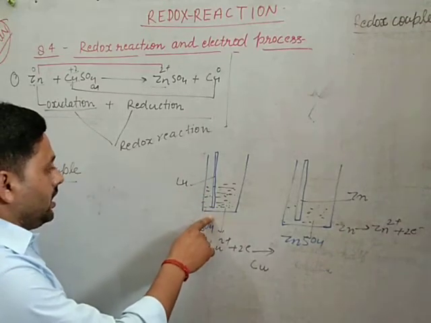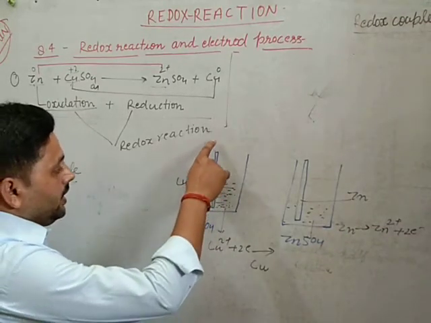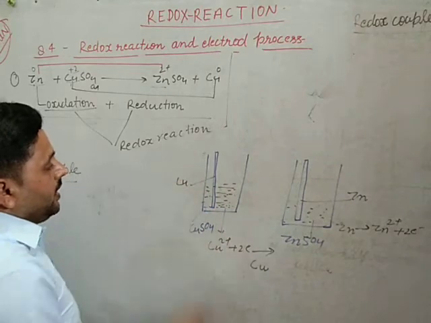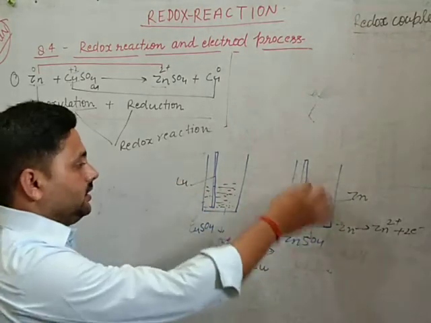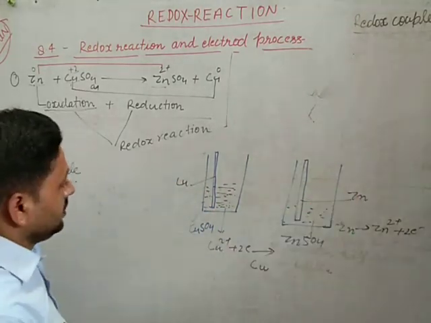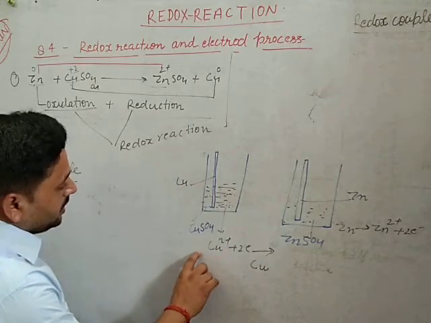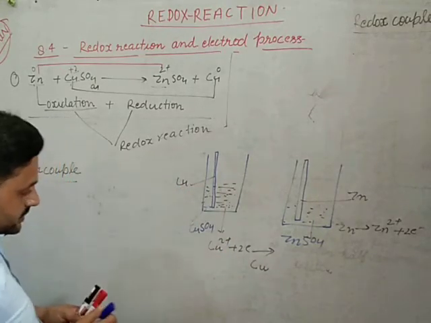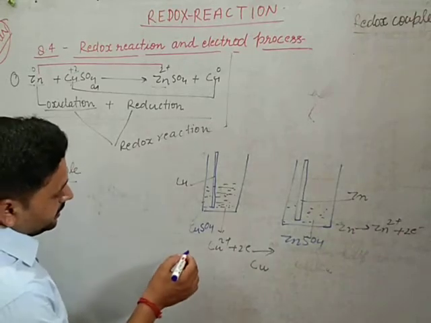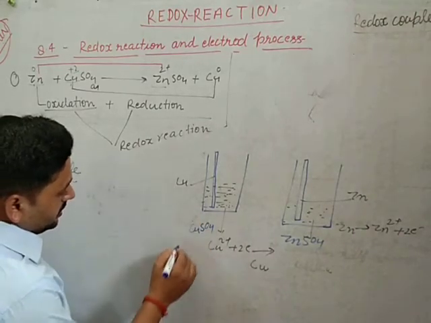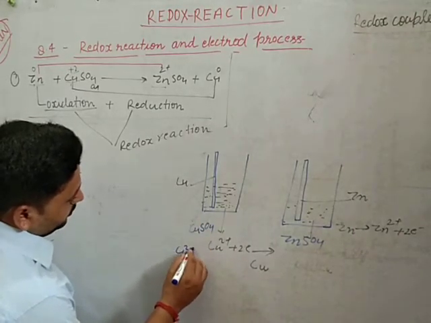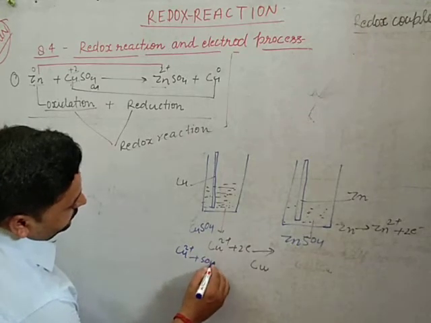In this I dip a copper rod and in that a zinc rod. Here copper sulfate solution ionizes like this, Cu2+ and SO4 2-.